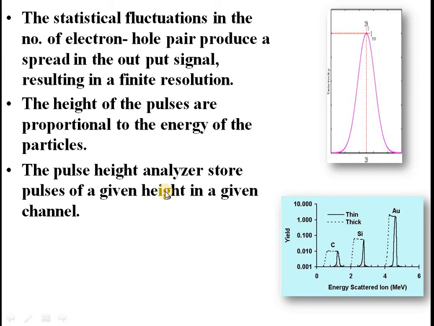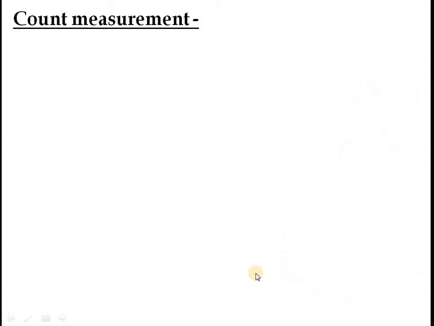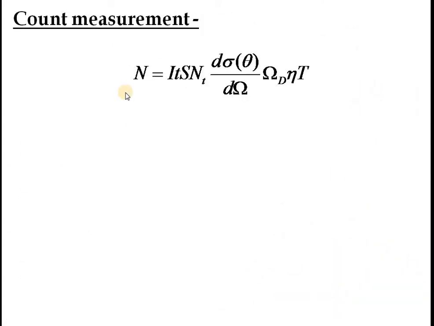So the pulse height analyzer stores pulses of a given height in a given channel. Channel numbers are calibrated in terms of pulse height, and hence there is a direct relationship between channel number and energy. And for count measurements, this is the equation used in an absolute measurement. N is the total count, and I is the incident particle.